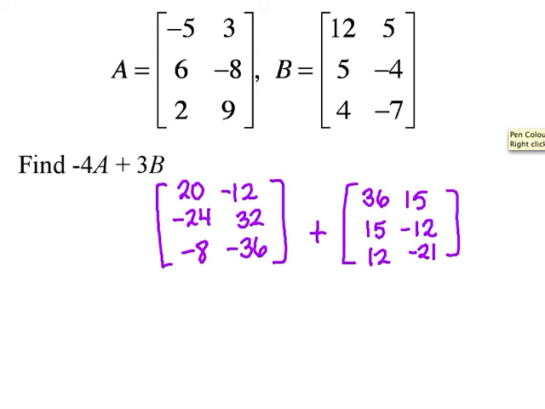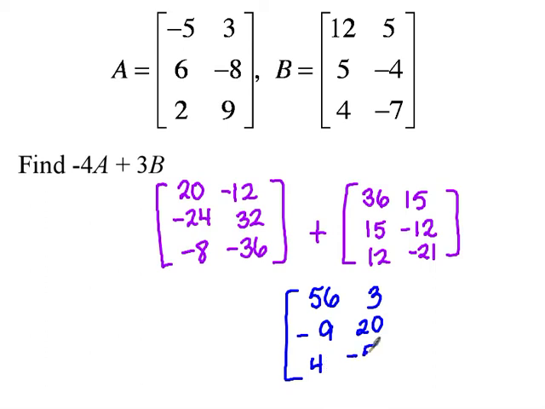So basically, you're treating these as 2 individual problems, and then now you're going to put those answers together. So you're just going to add them, and so I get 56, 9, 20, 4, negative 57. Okay, so there you go.